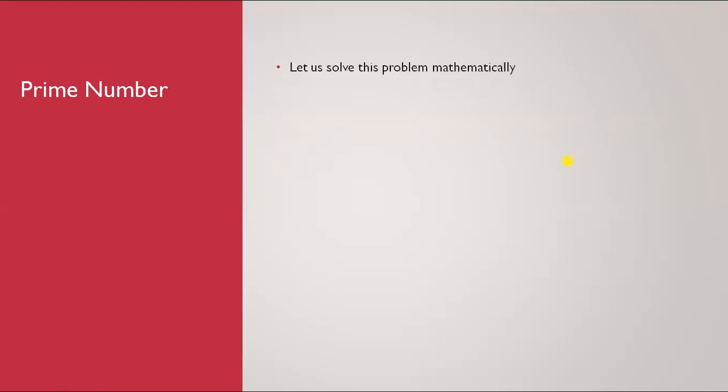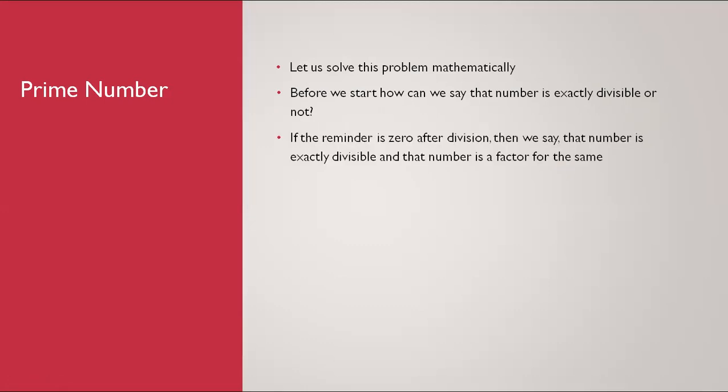Let us solve this problem mathematically. Before we start, how can we say that a number is exactly divisible or not? If you have any number which is divisible and leaves the remainder 0, that is exactly divisible, and that number is a factor of the number we have taken.